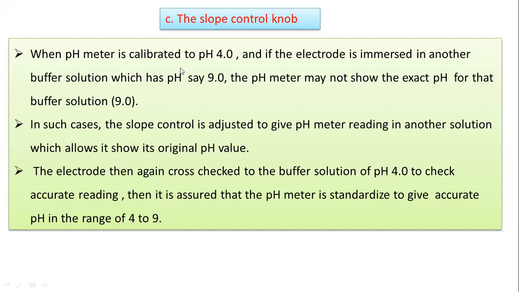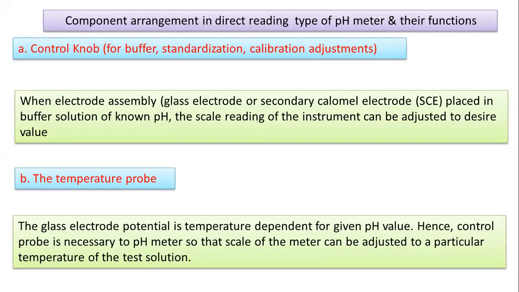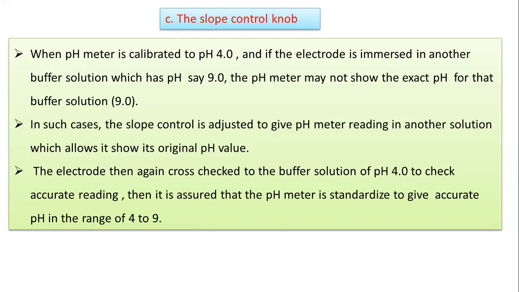The third one is the slope control knob, which is associated with the direct reading type of pH meter. When the pH meter is calibrated with pH 4.0, and the electrode is then immersed in another buffer solution which has a pH of 9.0, the pH meter may not show the exact pH for that buffer solution.